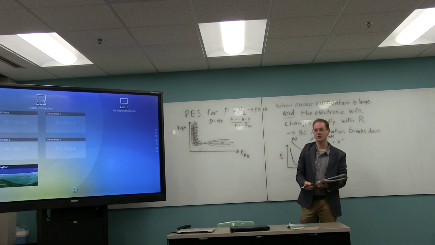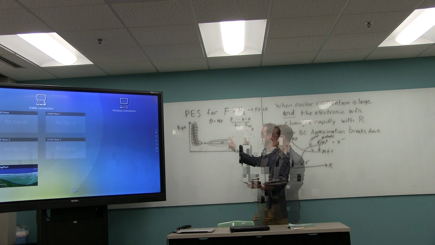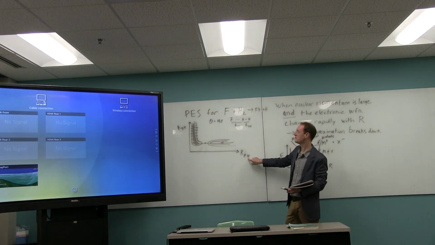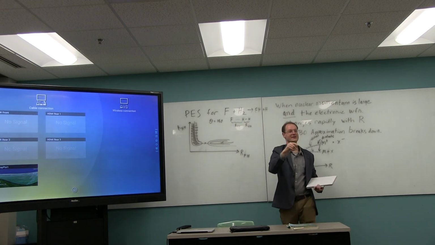Well, what kind of motion does that correspond to on this diagram? That's motion back and forth along this R_FH direction. So you form this FH product, and then what's happening?